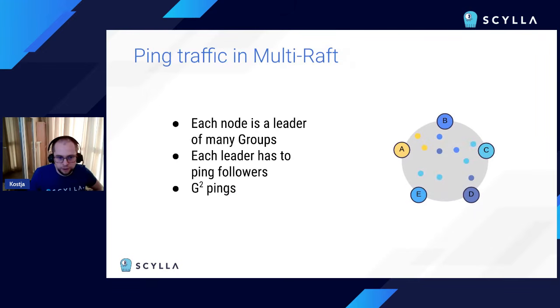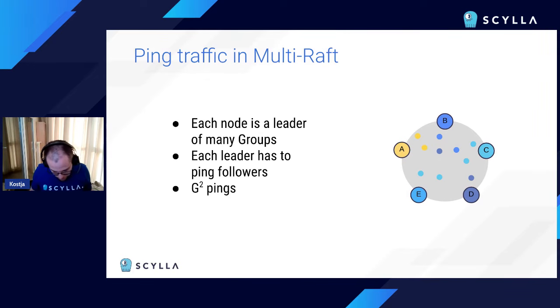Another thing with vanilla Raft is this ping interval and ping time, like I mentioned. If you remember, Scylla uses a lot of partitions and a lot of tokens to manage the data. So every node is responsible for many tokens, and we plan to actually use Raft for every token eventually.